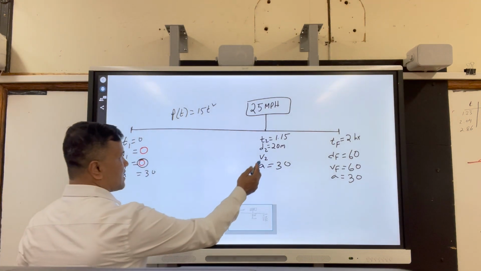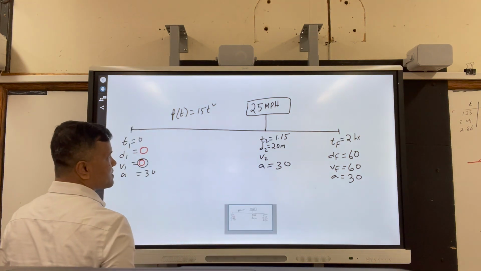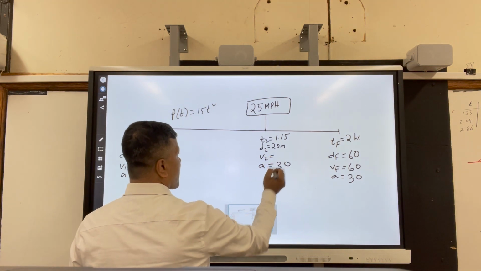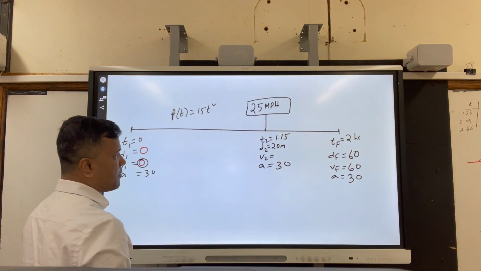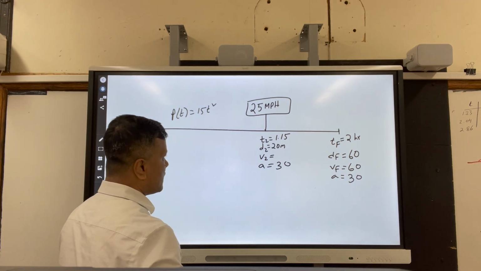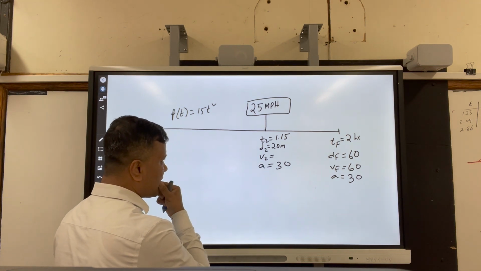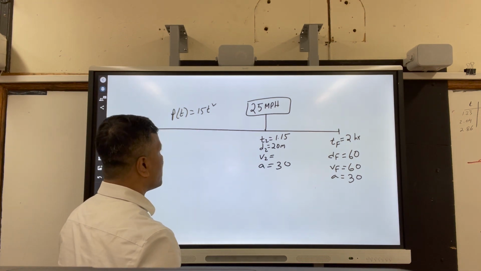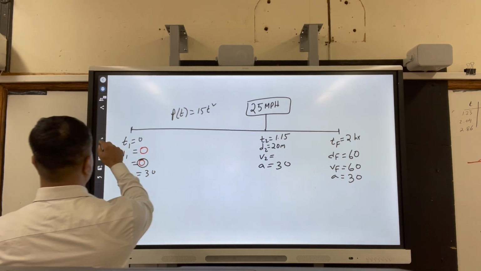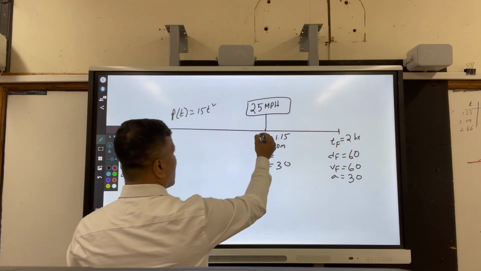Now, how can we find the velocity over here? Well, it's very simple, although I'm probably never going to ask you to find the velocity over there. You can find the velocity by choosing a point right here.